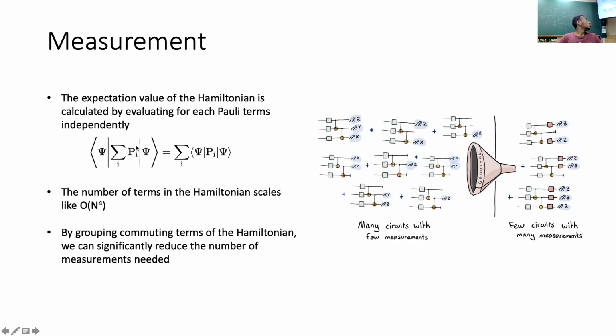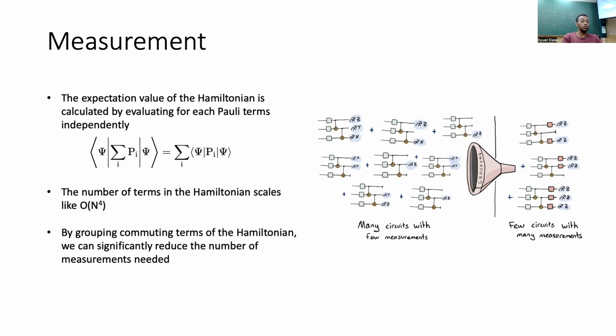How we do it is that we have several Pauli terms, and we find the expectation value of each Pauli term independently by preparing different circuits, and then finally adding them up together. This might require a lot of measurements, but there are some strategies to group some of the Pauli terms together and measure them together.